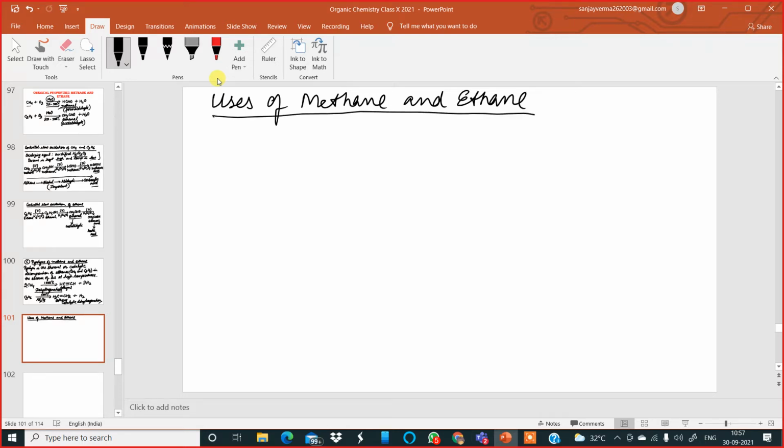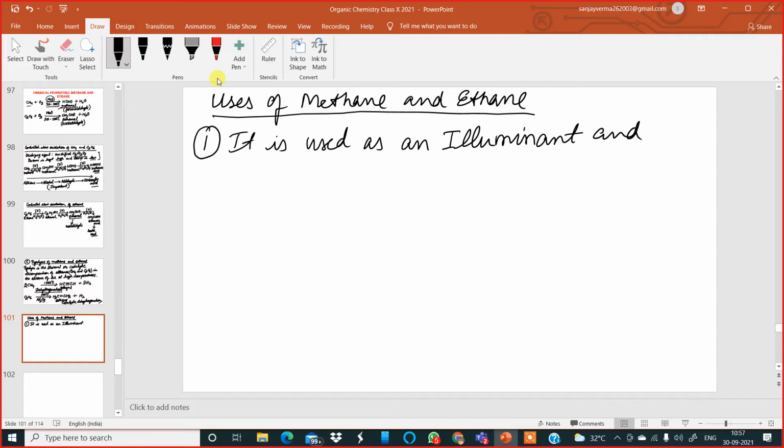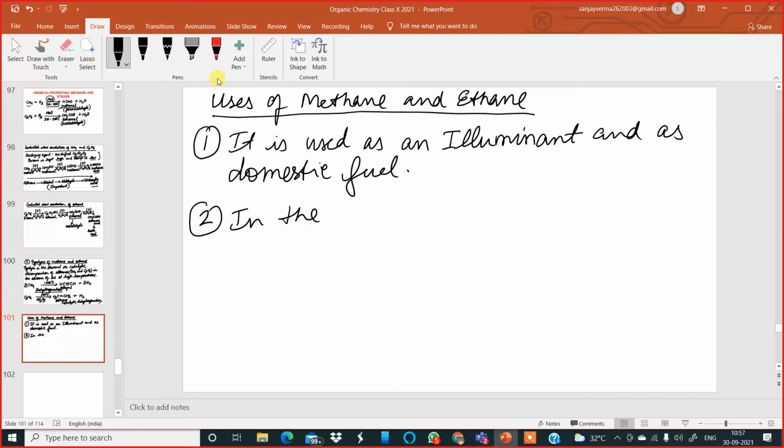The first use is that it is used as an illuminant. Illuminant means lighting purpose, and as domestic fuel. Then number two, the next use is that it is used in the manufacture of chemicals.